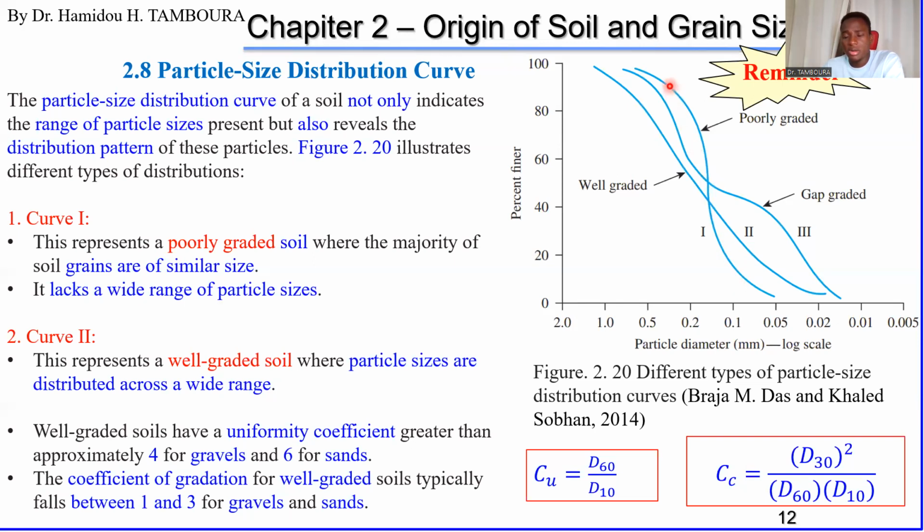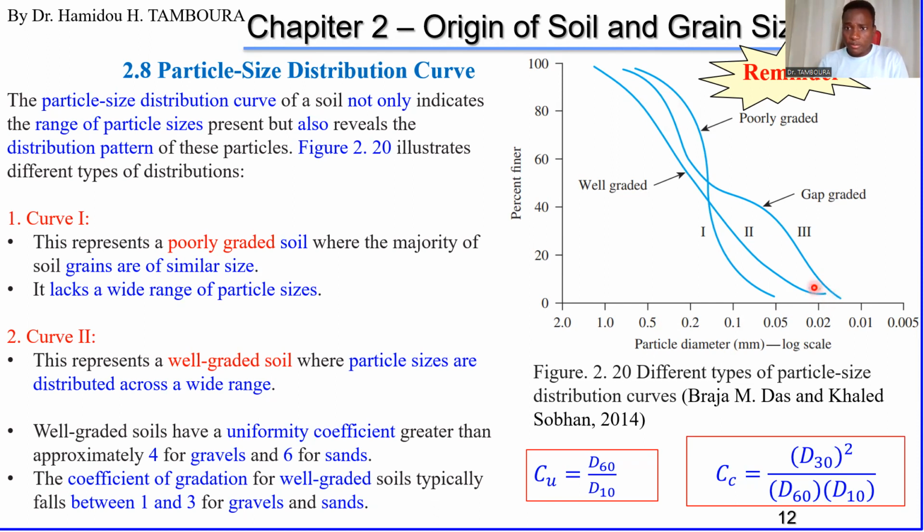On the other hand, well-graded soil is a soil that has various soil particle diameters. You see this curve, it covers many particle diameters. You see here, particle diameters in millimeter. It covers from maybe here up to here. So it is expanding. That is what we call well-graded soil.